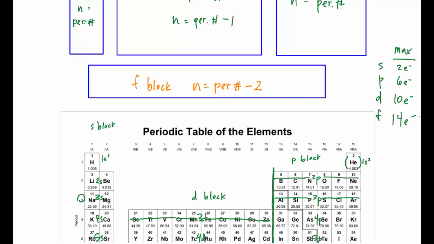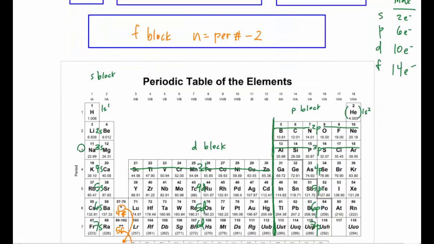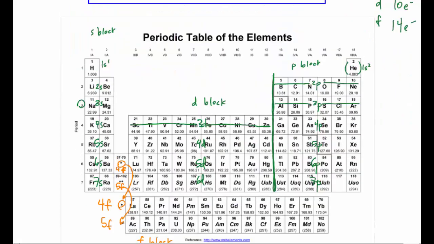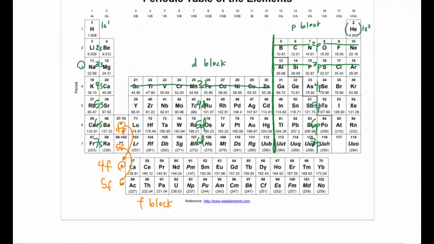How the magnetic number goes from minus L to plus L. Negative 3 to plus 3 gives us 7 total. So, armed with really only that information, we can write a complete electron configuration for any element.